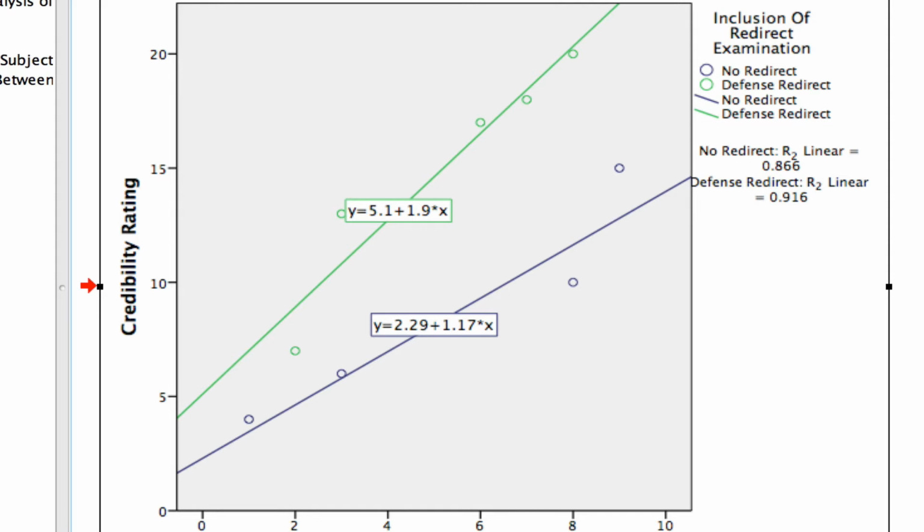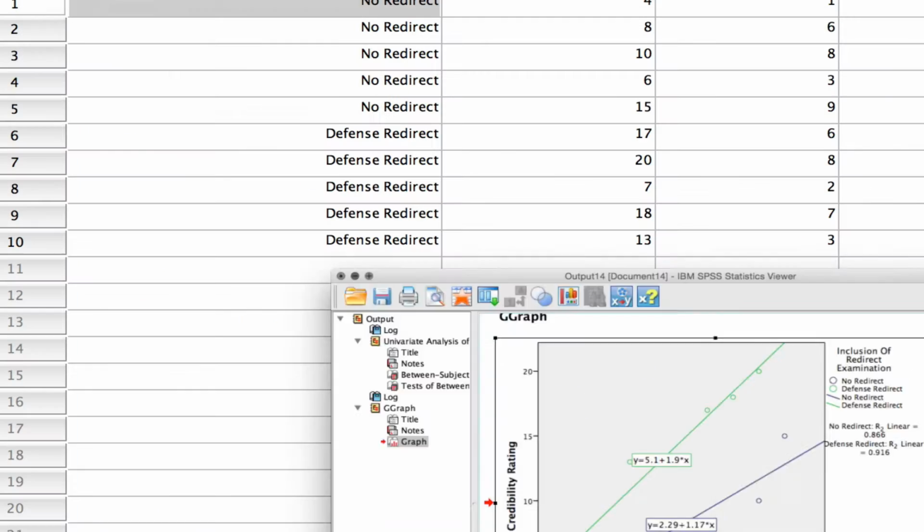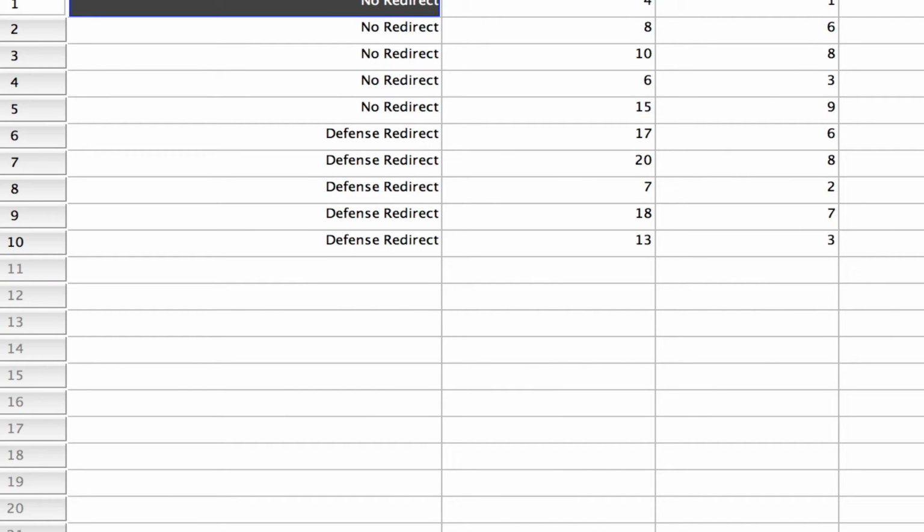Well, we're going to go ahead and run our ANOVA again.